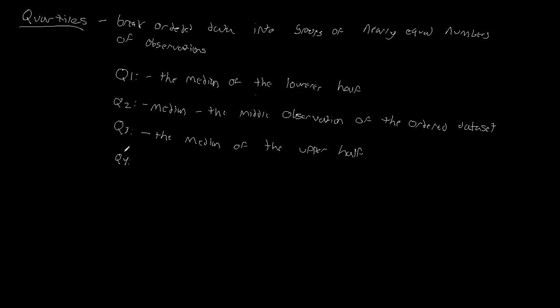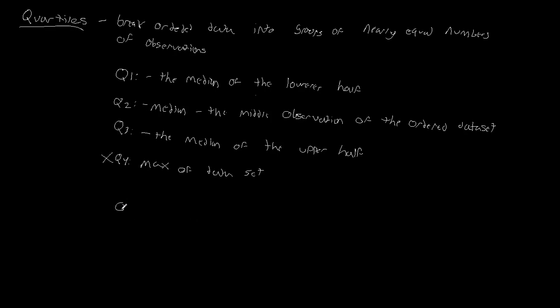Q4 is just the maximum of the data set, and we typically aren't going to worry too much about Q4. But these three, Q1, Q2, and Q3, you're going to see pop up a lot.